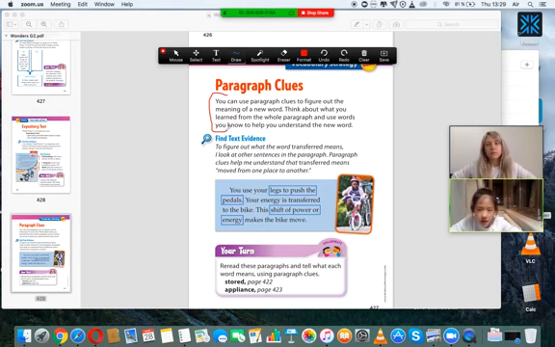You can use paragraph clues to figure out the meaning of a new word. Think about what you learned from the whole paragraph and use words you know to help you understand the new word. So try to explain to me, what are these paragraph clues?